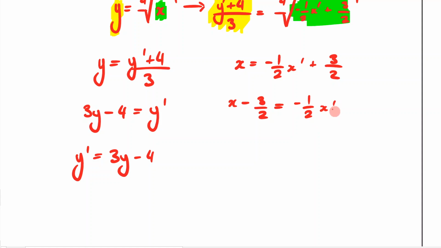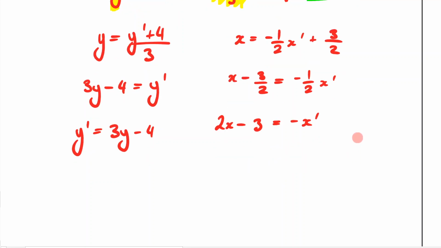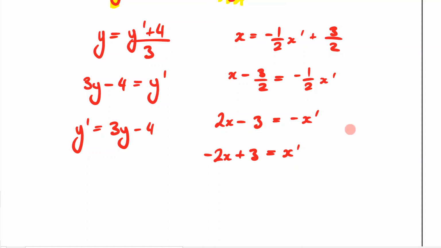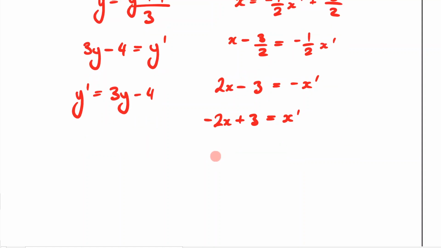Now I'm going to multiply both sides by 2, so I'm going to get 2 minus, now if I multiply this side by 2, it's just going to leave me with 3 there, and now I've got negative x dash there. So now I'm going to have to divide both sides by negative, so it's going to be negative 2x plus 3 equals x dash. So that means I'm going to end up with x dash as being equal to negative 2x plus 3.